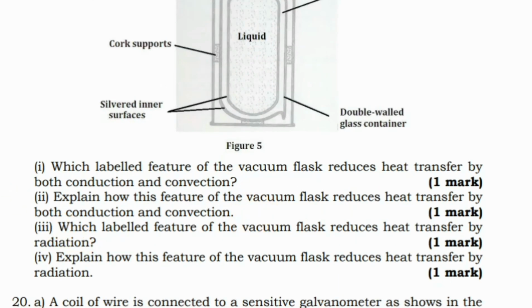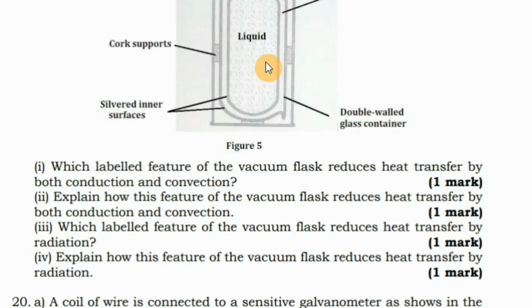For this we know about the black body and shiny object. We know that a black object is a good absorber of heat, while a shiny surface is a good reflector of heat. So as we have a silvered surface, as the heat comes closer to the surface, and remember the surface is silvered, it means it's a shiny object, so it will be reflected back.